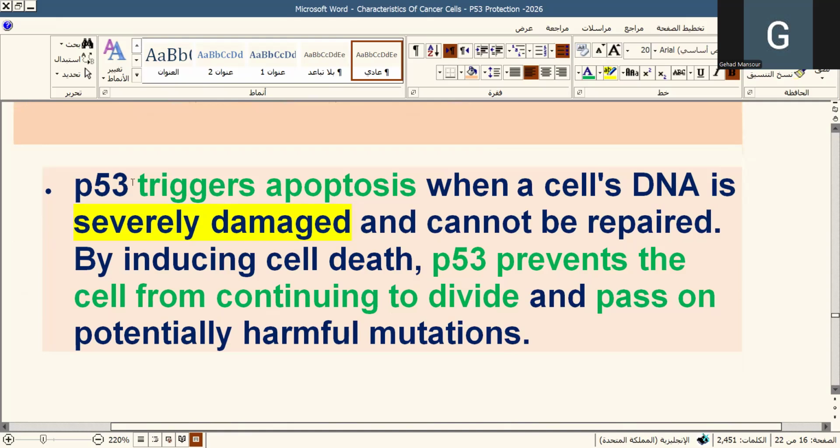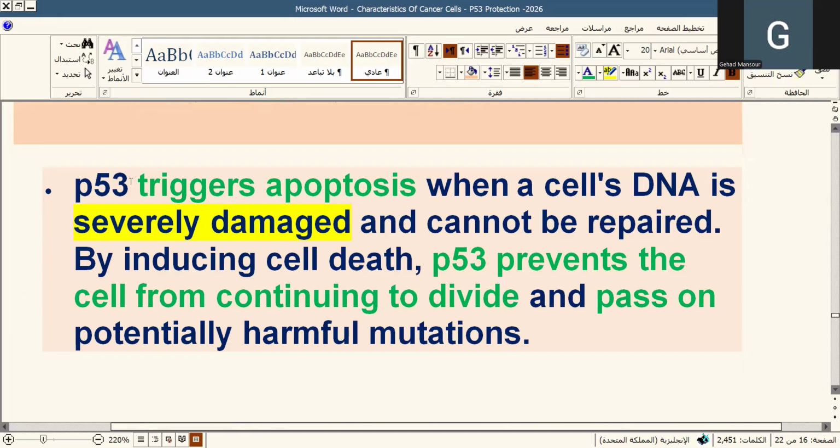Because if P53 itself undergoes mutation together with the other genes of the cell, then there is no hope that this P53 could be able to correct the abnormalities of DNA in the cell.